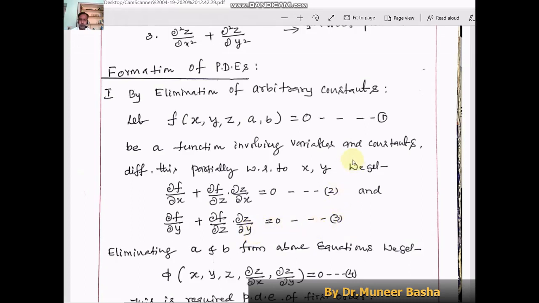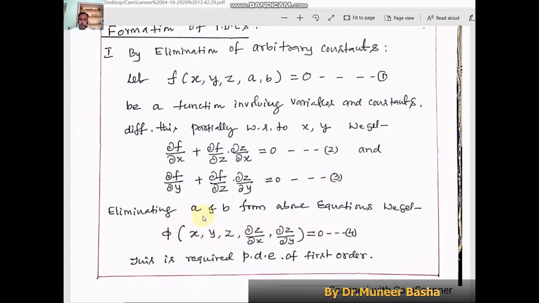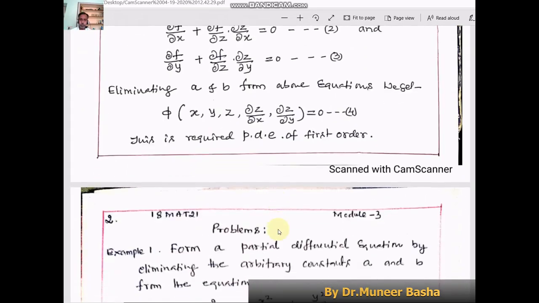So from relation 1 and equations 2 and 3, let us eliminate the constants a and b, and then the resulting equation will be in the form of a partial differential equation, represented by φ(x, y, z, ∂z/∂x, ∂z/∂y) = 0. So this represents a first order partial differential equation.